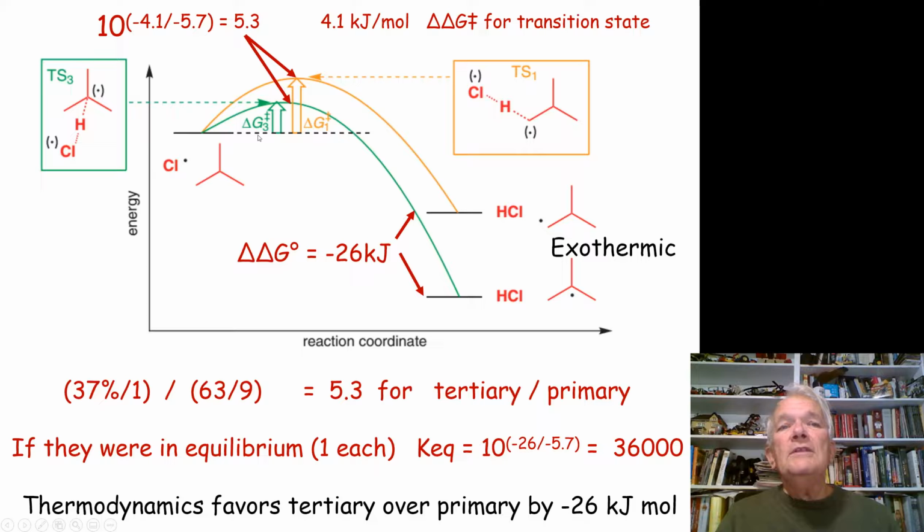So what this says is that down here they spread out by minus 26. Up here, the transition state that leads to the primary product is only 4.1 kilojoules split from the one that leads to the tertiary product. Why is that? Well, because they still look more like the initial reactant.